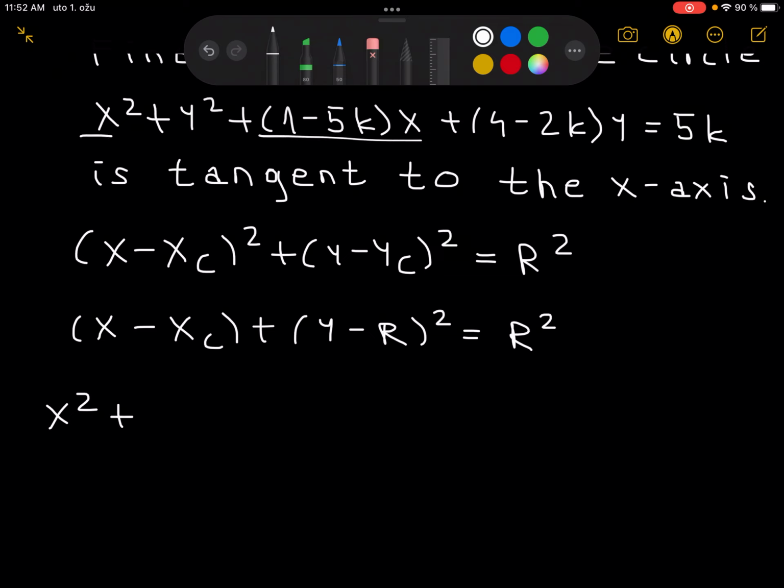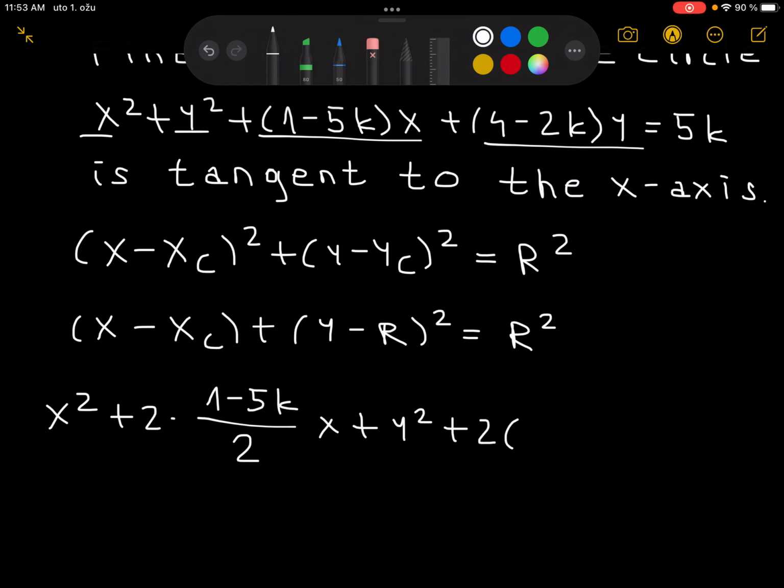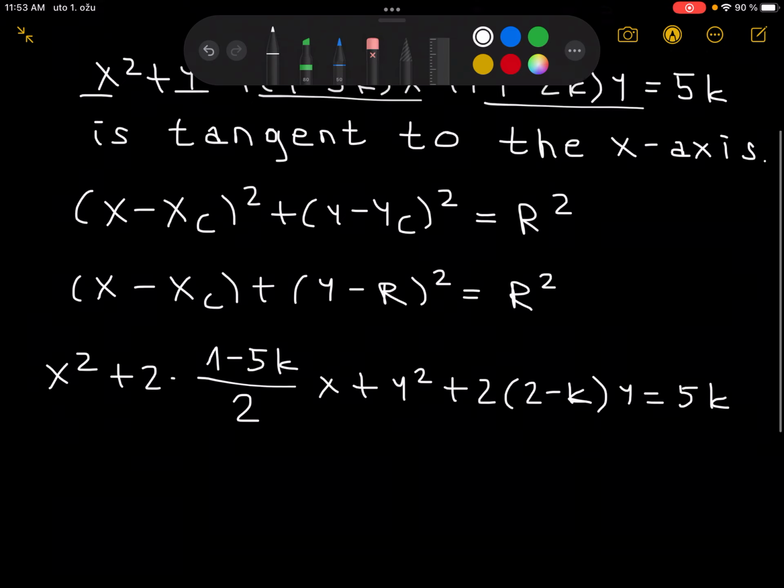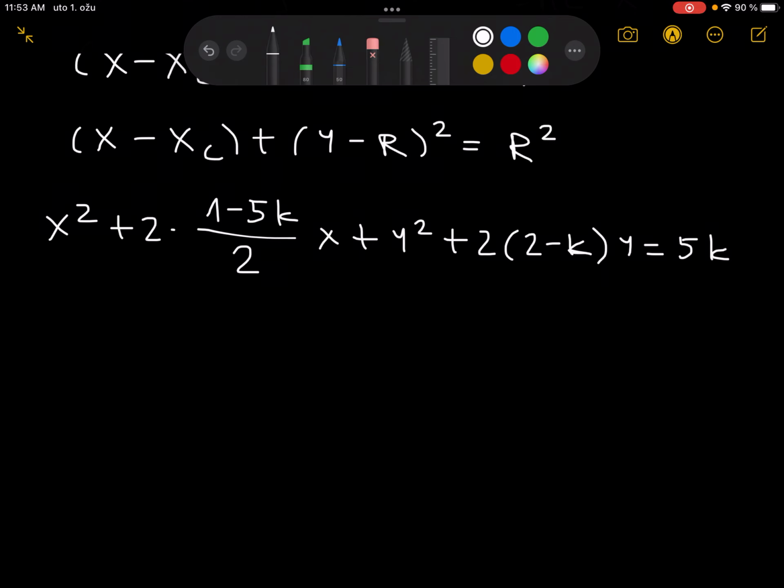So x squared plus 2 times (1 minus 5k) over 2 times x plus these parts right here, plus y squared plus 2 times (2 minus k) times y is simply going to be equal to 5k.